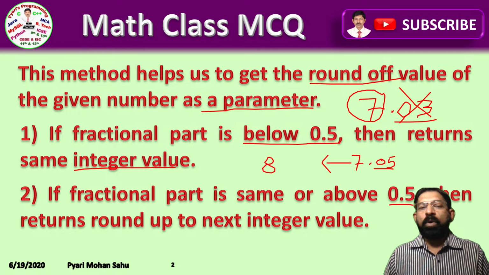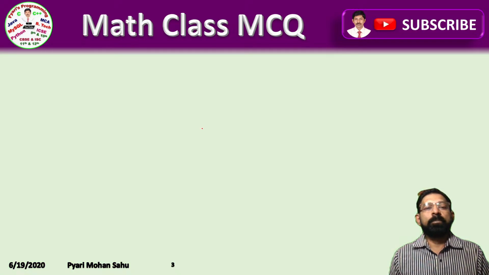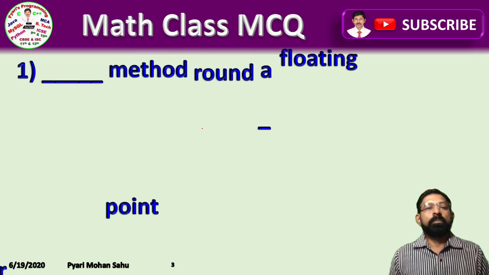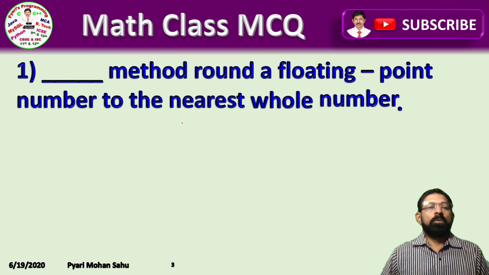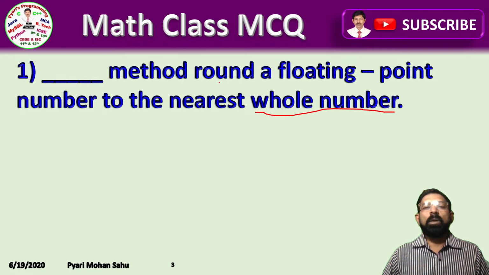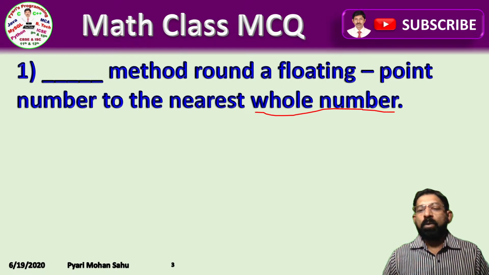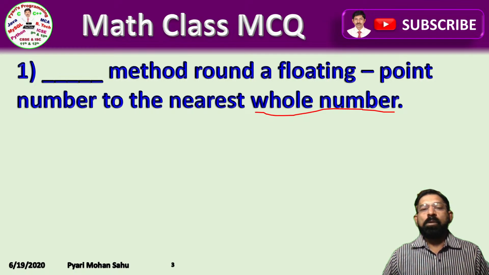So we'll start our processing with the next one. First question, dash method rounds off a floating point number to its nearest whole number. Name the method which is used to round a floating point number to its nearest whole number. Send me your answer.